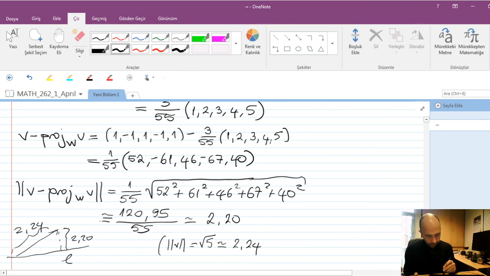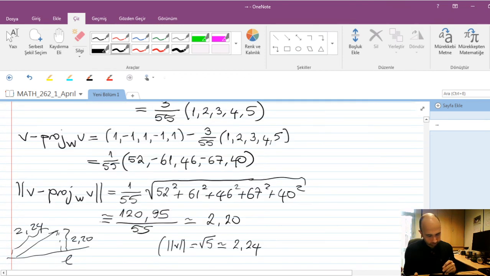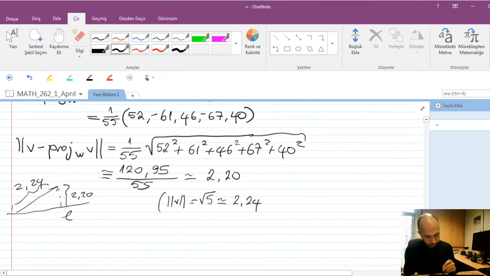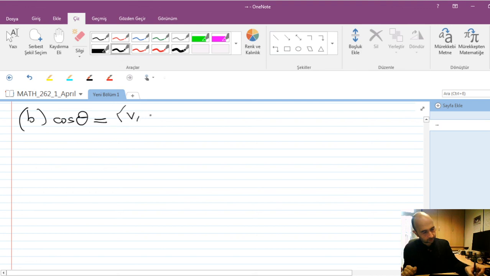Let's see the angle. Okay, so how do you compute the angle? Well, we had a formula. Cosine of the angle is equal to the inner product of the vectors divided by the product of the lengths.